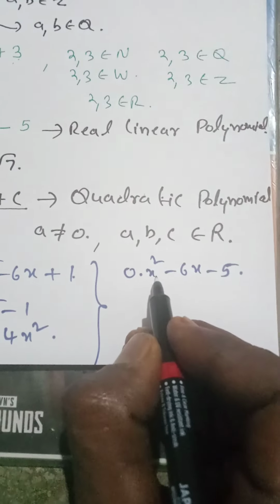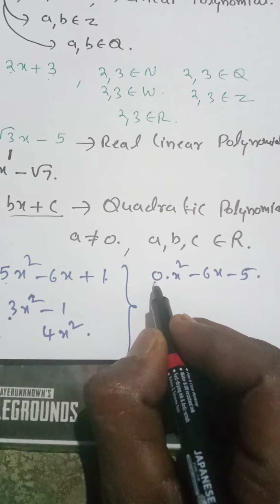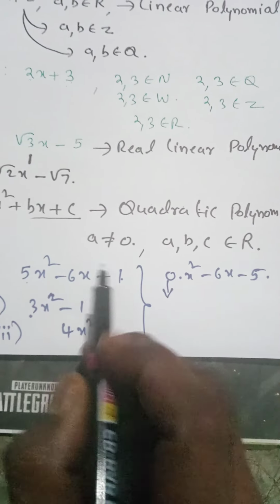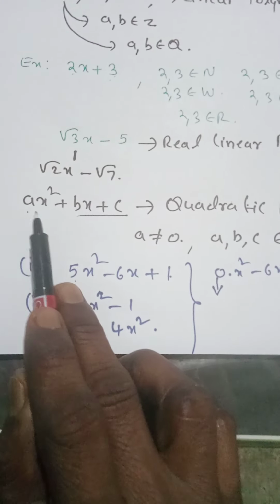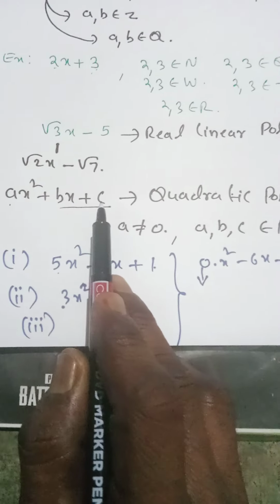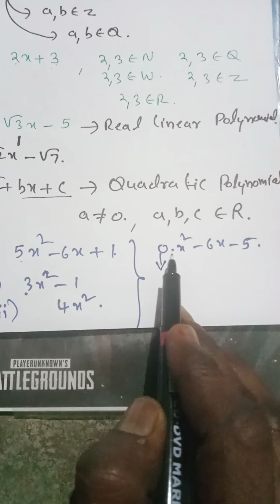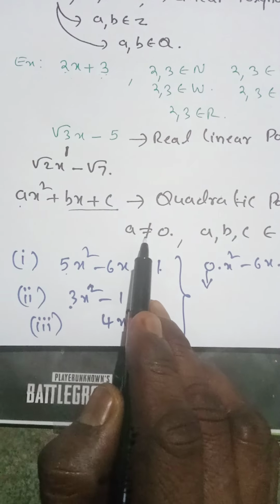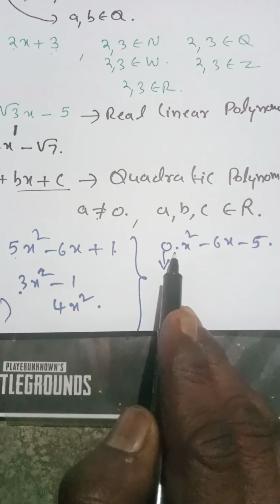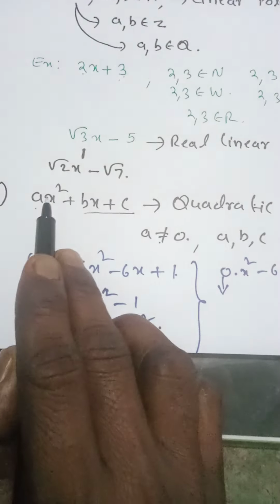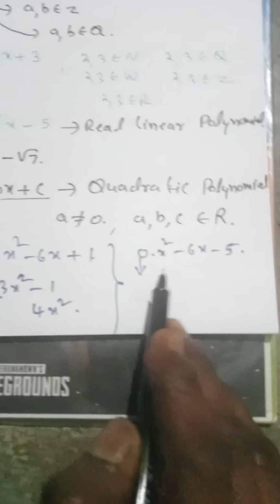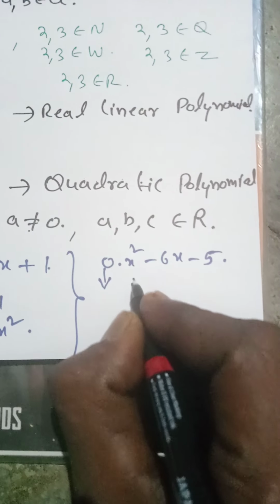Why? Because the coefficient of x square is 0. The necessary condition for the form ax square plus bx plus c to be a quadratic polynomial is that the value of a should not be equal to 0. Here we have taken the coefficient of x square as 0. That's why it is not a quadratic polynomial.